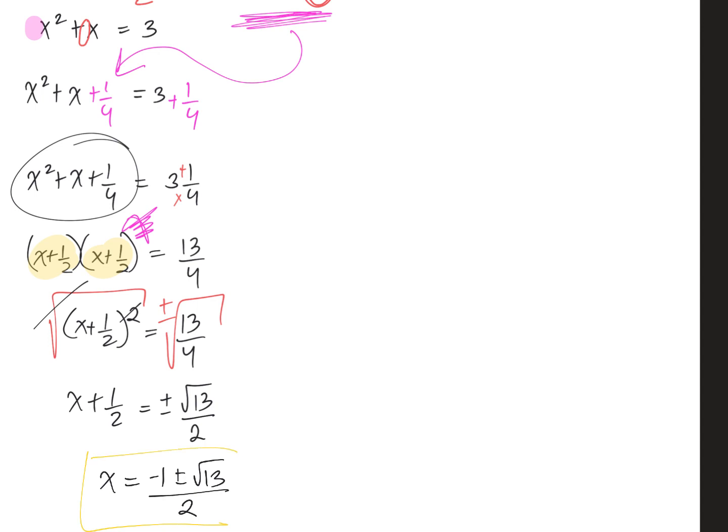All right. It definitely is a bit of work, but it's really nice because once we find that perfect number that we can add to our equation, then we can easily factor it, and then we get the nice square root property in the end. So it's kind of fun when you can do that.